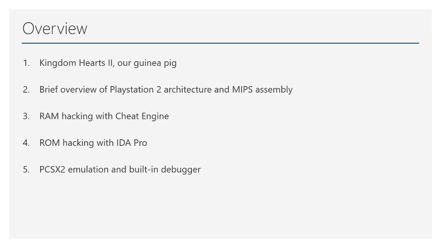A brief overview of PlayStation 2 architecture and MIPS assembly, since MIPS is the architecture used for the Emotion Engine of the PS2. RAM hacking with Cheat Engine, which I guess almost everyone knows how to use. RAM hacking using IDA Pro or whatever disassembly tool you are going to use. And PCSX2 emulation and its built-in debugger.